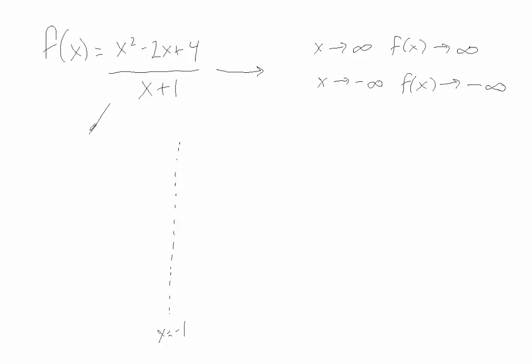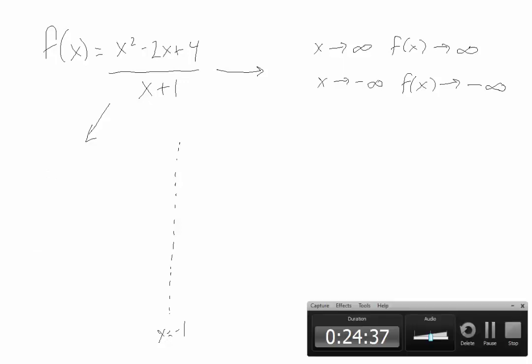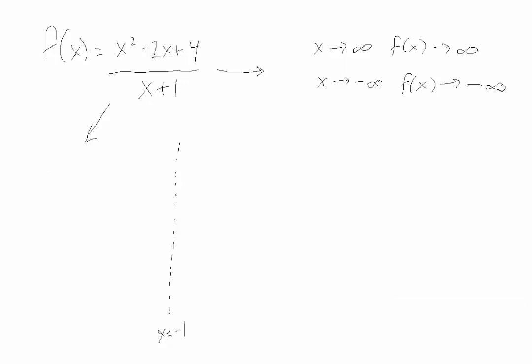When we divide x squared minus 2x plus 4 by x plus 1, we get x minus 3 with some remainder.